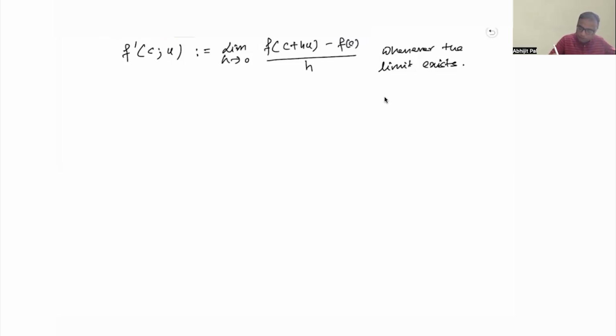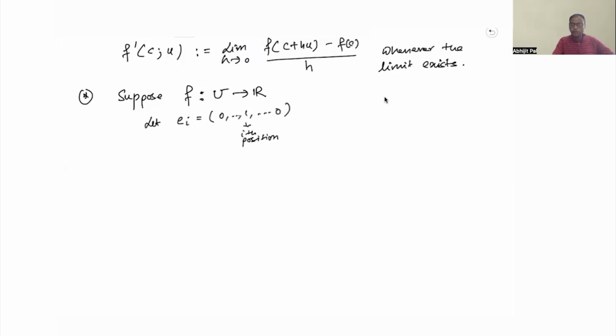Now suppose f is a real valued function, a function from U to R. Let ei be the unit vector which has 1 in the ith position and 0 in the rest of the positions.